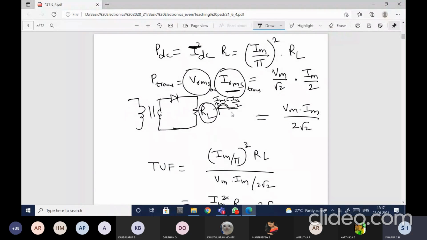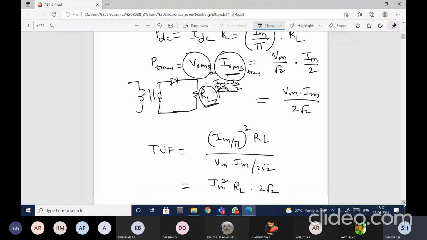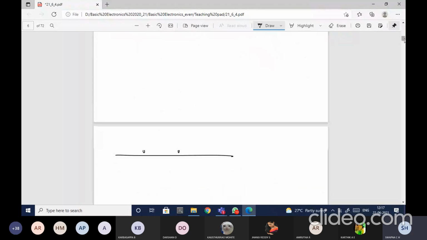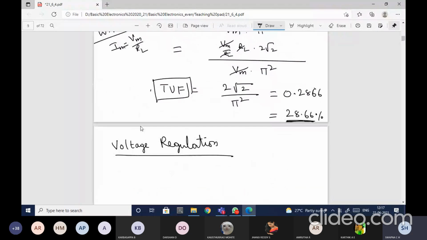So how the output voltage is varying when there is load, the formula for this is given as percentage voltage regulation. Practically when we do it in our lab, we will calculate it as V no load minus V full load divided by V full load into 100.